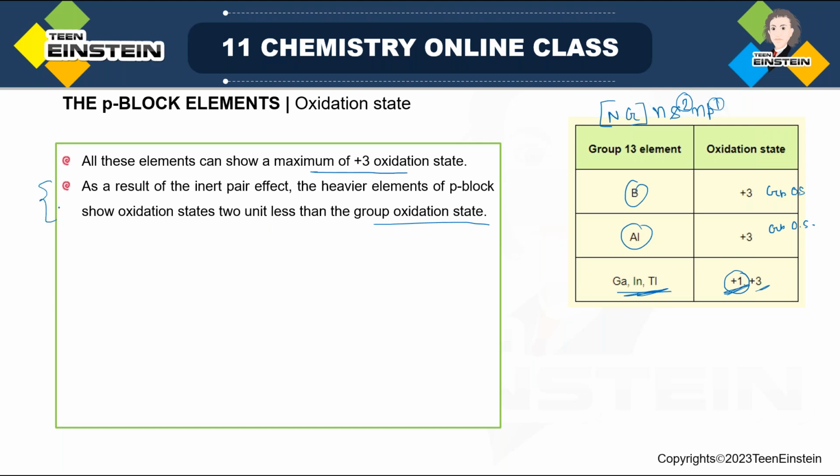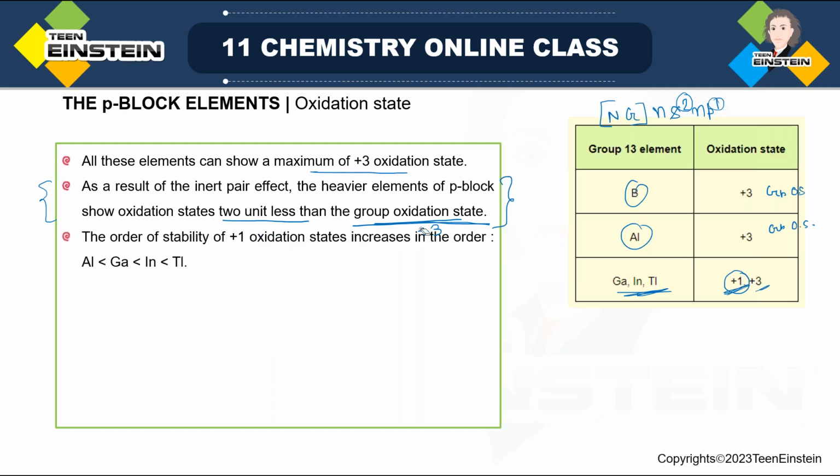This statement is not just for group 13, it is also applicable for the next 2 groups, 14 and 15. But here for group 13, the group oxidation state is +3, and 2 units less is +1. So +1 is also observed, specifically for heavier elements, and the reason is the inert pair effect.